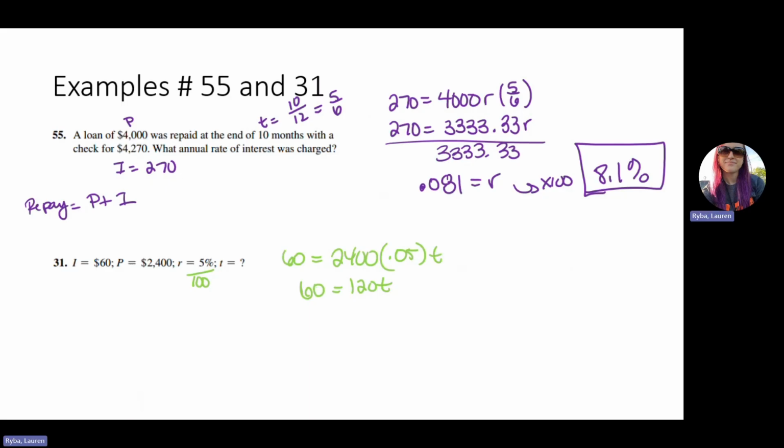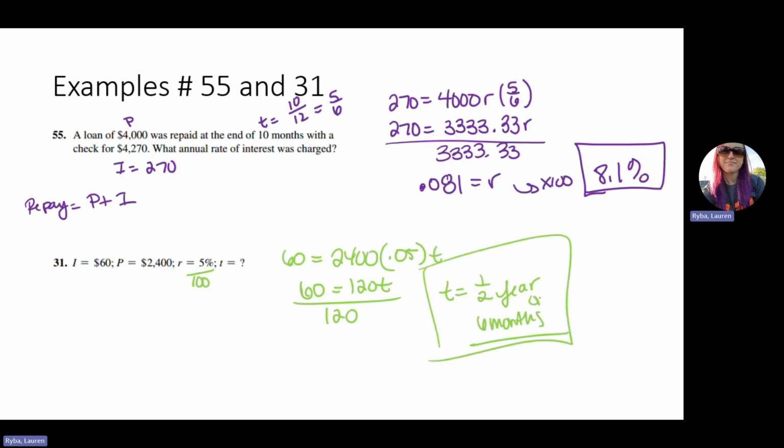And then I can just divide by the 120, and I'll get T equals a half. Remembering that T is in terms of a year, so half a year, you could leave it like that, or you could also change that into 6 months because half a year is 6 months.